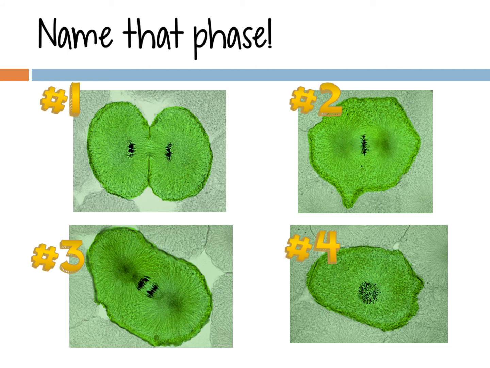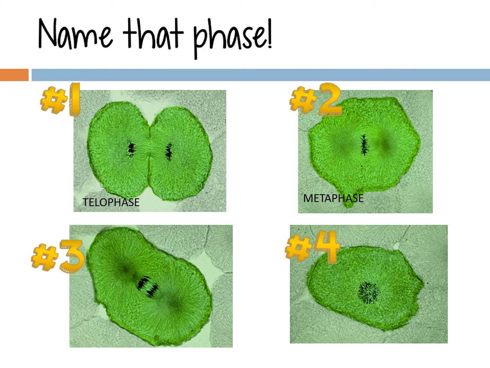All right, so let's look at some of these examples here and try to name these phases. So number 1 on your paper, if you said telophase, you are correct. Number 2, look at your chromosomes. You see they are in the center.